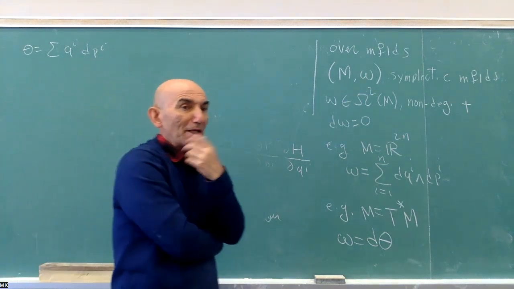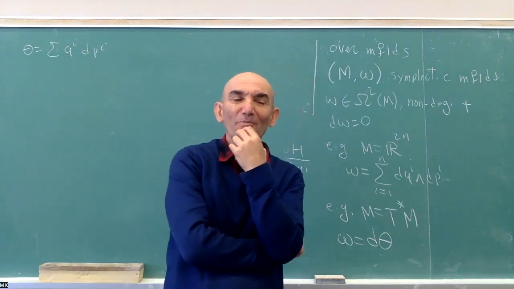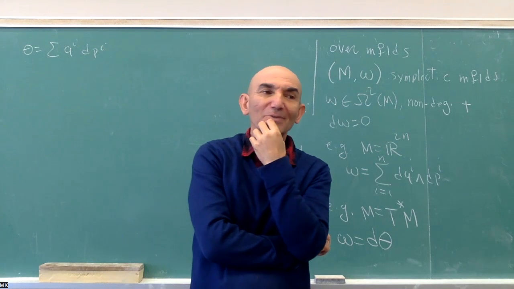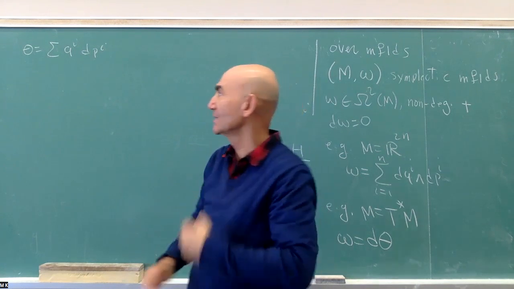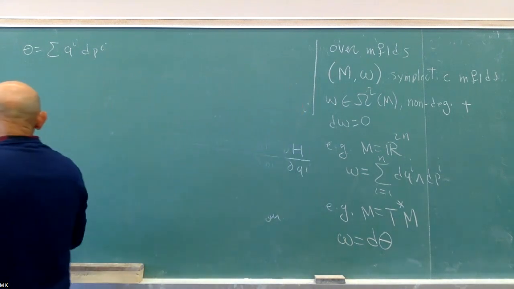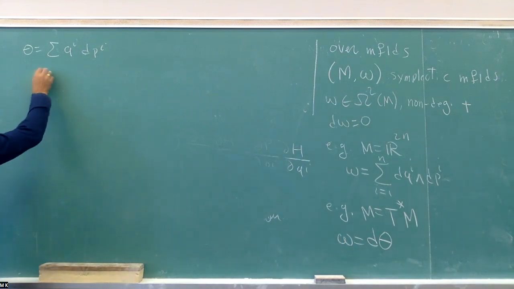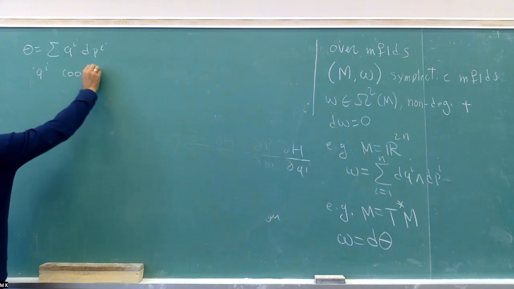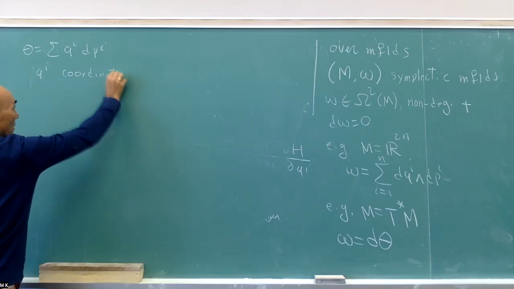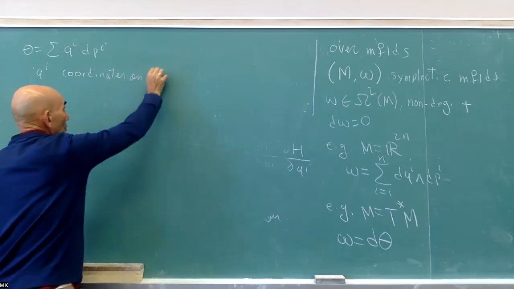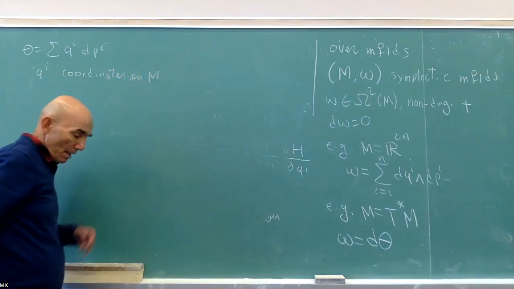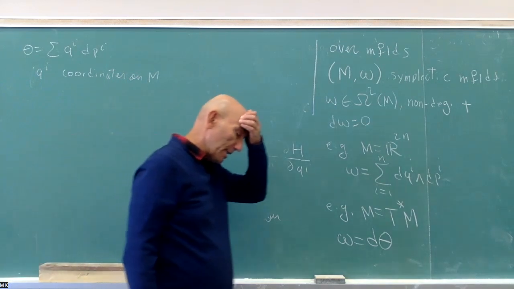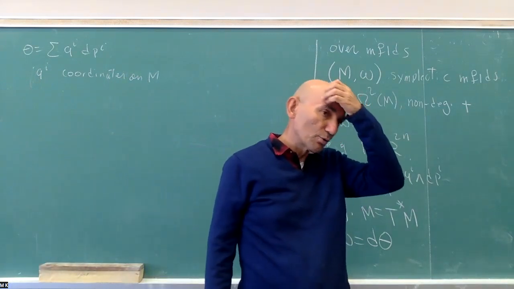Now, what does that mean? It needs some thinking because it's not so obvious. What are the coordinates q and p? Well, q is a local coordinate, any local coordinates on M. But this pi is the dual coordinate.